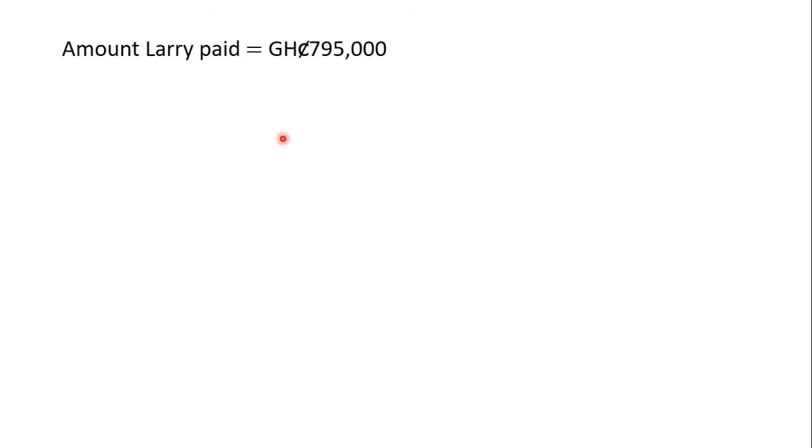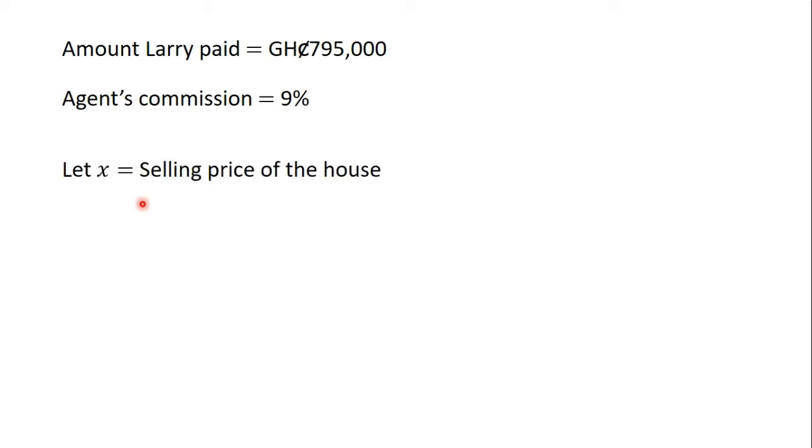So we know that the total amount of money Larry paid was 795,000 Ghana cedis. The agent's commission was 9%. We want to calculate for the selling price of the house. So we are going to represent that with a variable. So we will let X represent the selling price of the house.